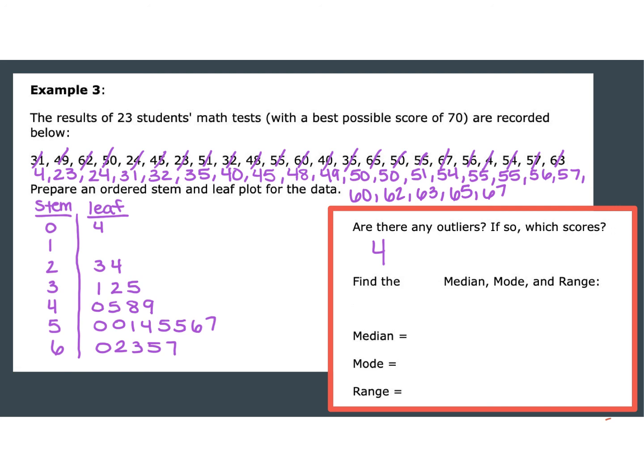We can find the median by crossing out values from both ends until we reach the value in the middle.